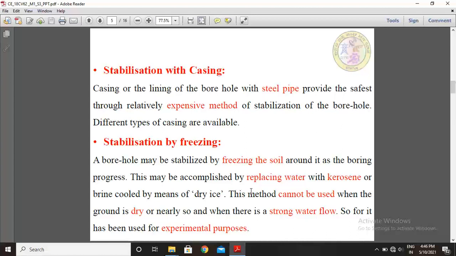This method cannot be used when the ground is dry or nearly so, and when there is a strong water flow. So far it has been used for experimental purposes.